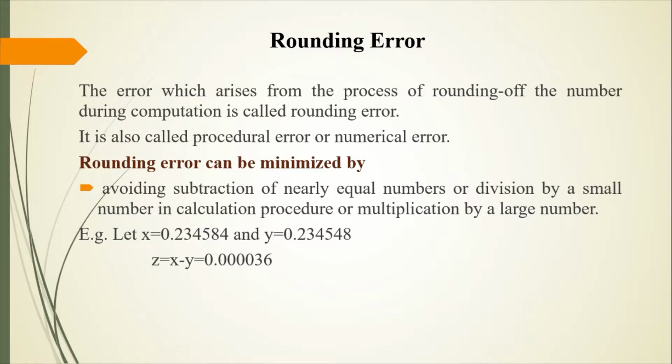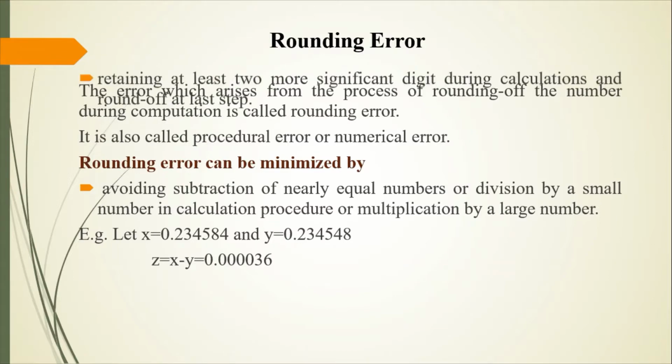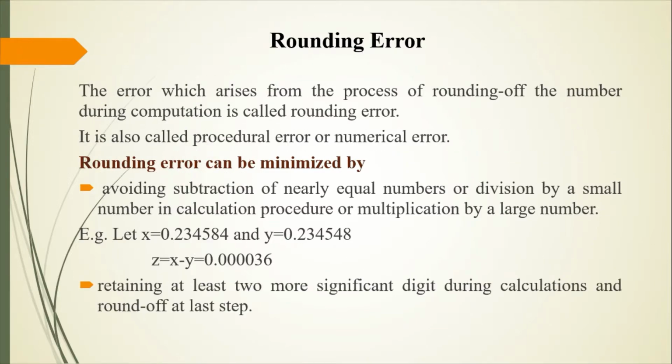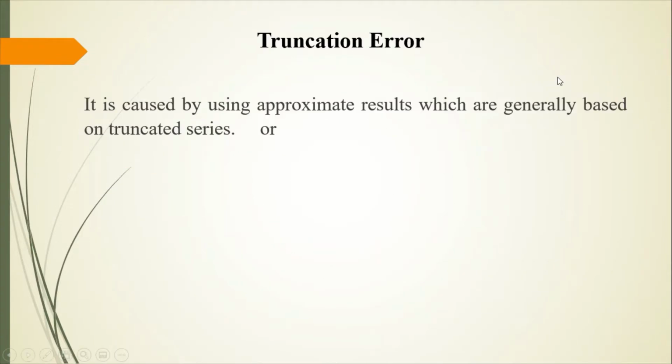Thus, we can say that subtraction of two nearly equal numbers causes a considerable loss of significant digits and may magnify the error in later calculations. Similarly, avoid dividing any number by a small number or multiplying by a large number. Second is retaining at least two more significant digits in calculations and rounding off the final answer to the given correct significant digits.